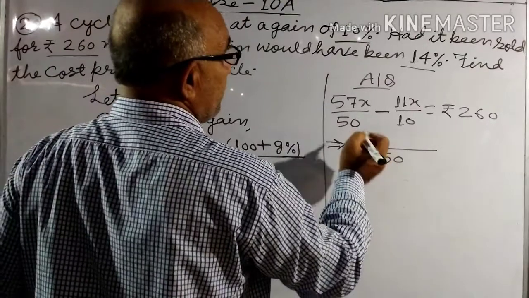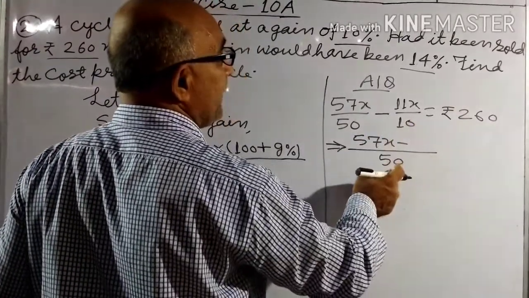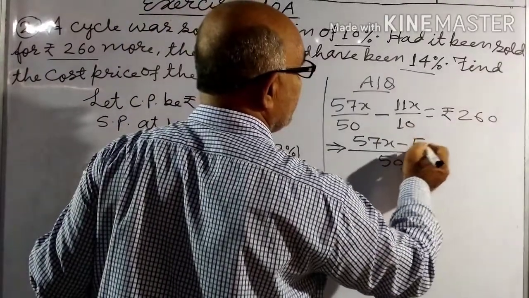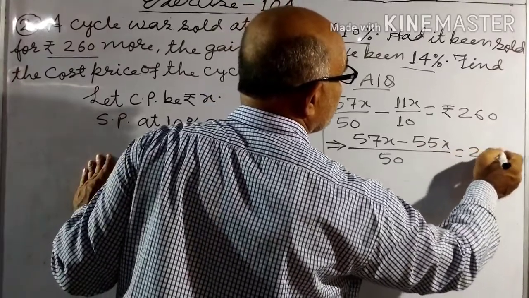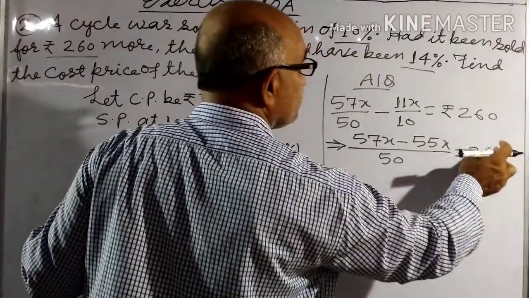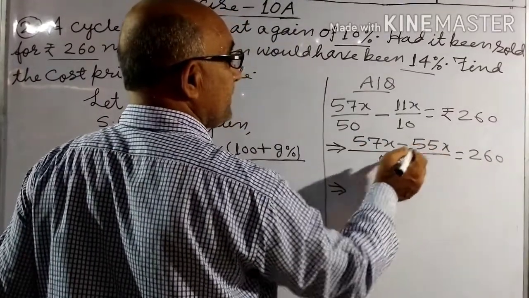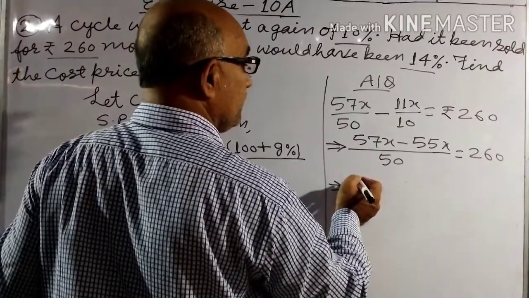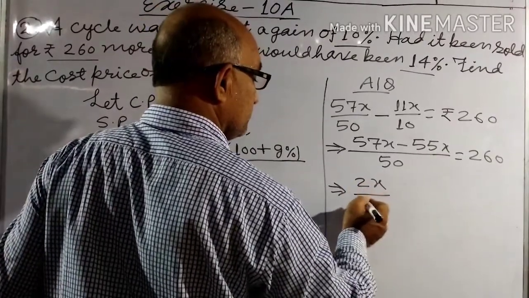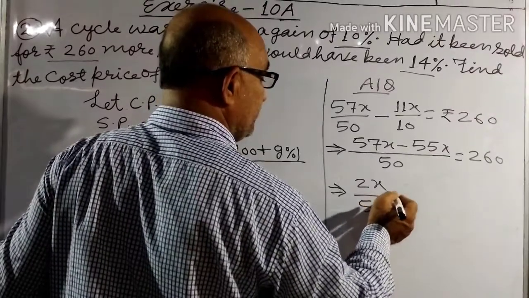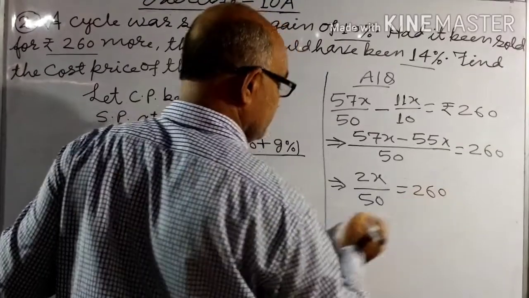So 57x, 11 fives are 55. 57x minus 55x equals 2x by 50 equals 260.